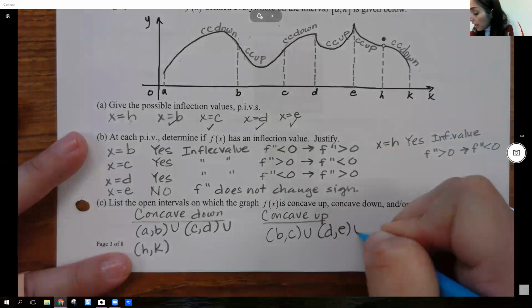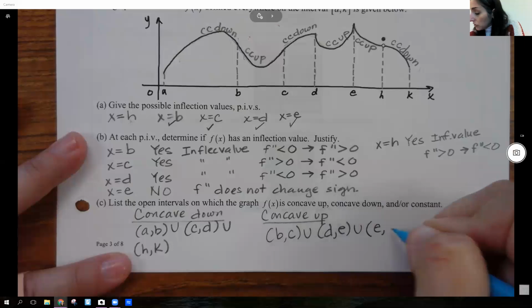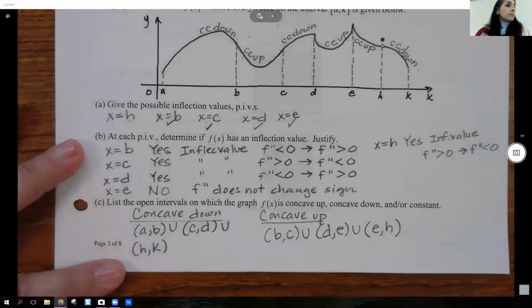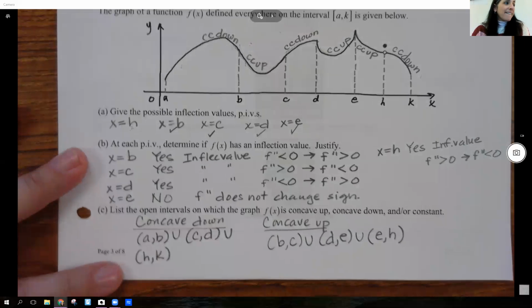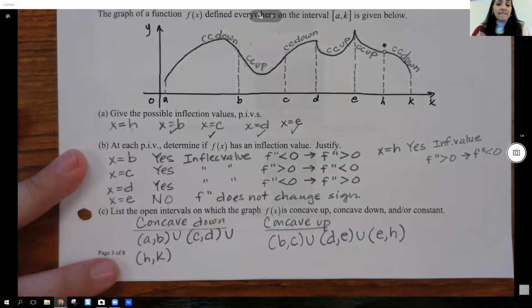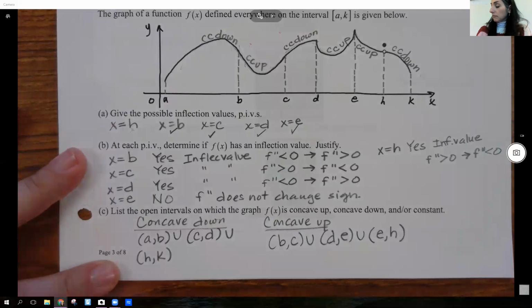So separate that, D to E and E to H. All right. So stick with the definition and you can't go wrong. It's going to be an inflection value as long as the concavity of the graph changes from positive to negative. All righty, any questions?